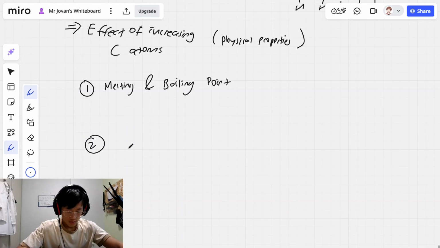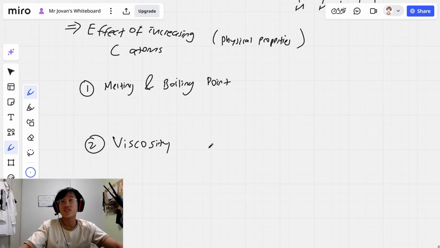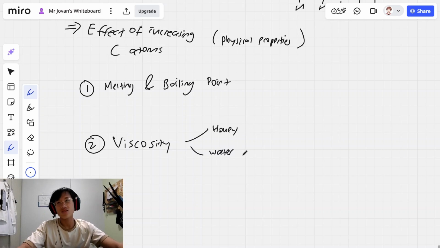Next, we have viscosity. What is viscosity? Let me give you an example. We know honey and water. Honey is so sticky and thick. Water is so, I think all of us know water. Every day we drink water.